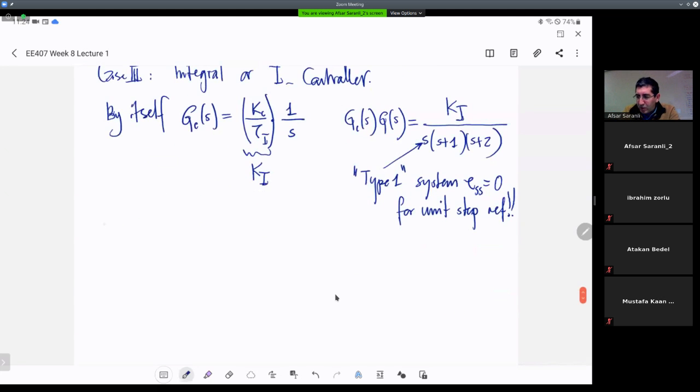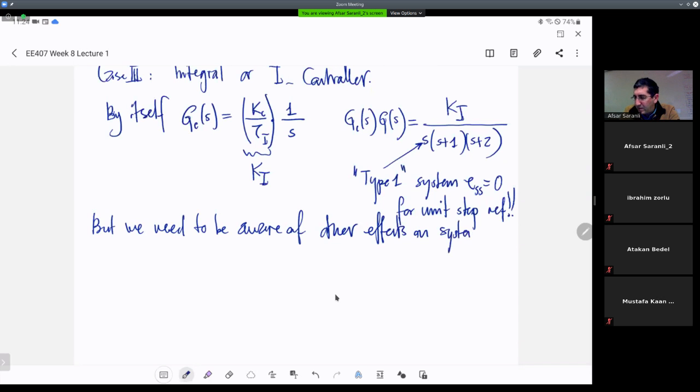But this is a desirable effect, and we need to be aware of other effects on system behavior.